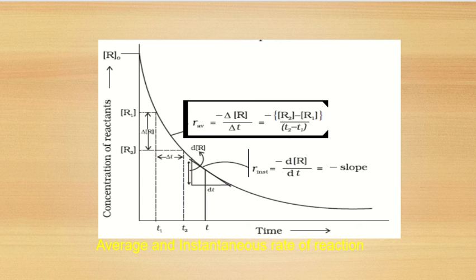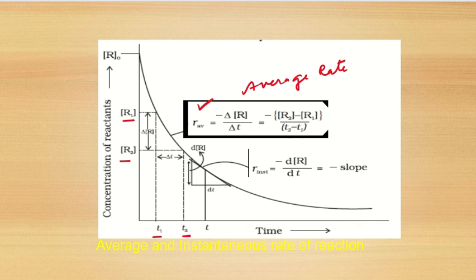That is why you are seeing this type of negative plot. Here, if you take two concentrations, R1 and R2 at two different times, T1 and T2, you can find the differences, delta T and delta R. If you take the fraction delta R by delta T, you get the average rate. So this is called the average rate of reaction.